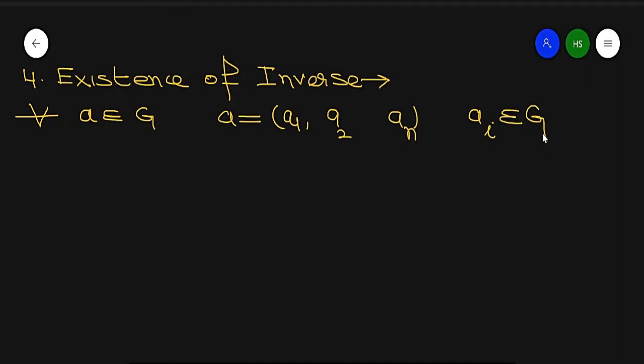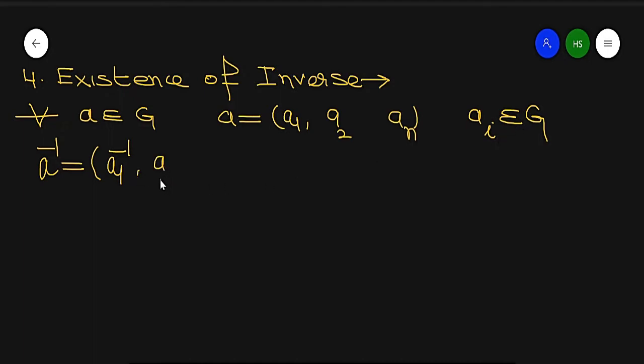Now to find the a inverse, we write a inverse as (a1 inverse, a2 inverse, ..., an inverse). Why is it possible? Because ai belongs to G, G is a group and a group has inverses.